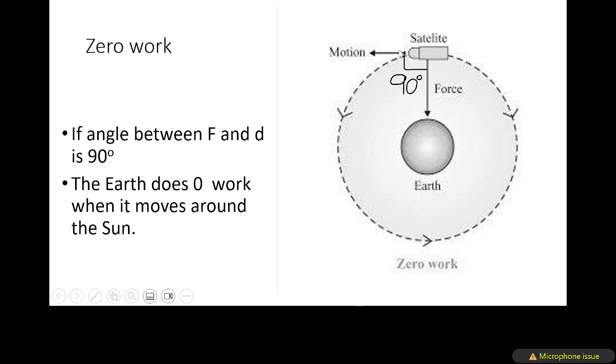How much angle between the two? 90 degree. In this situation, we call it zero work, because the direction of force and the direction of motion or displacement are not in the same direction, but there is a 90-degree angle. So this is the situation of zero work.